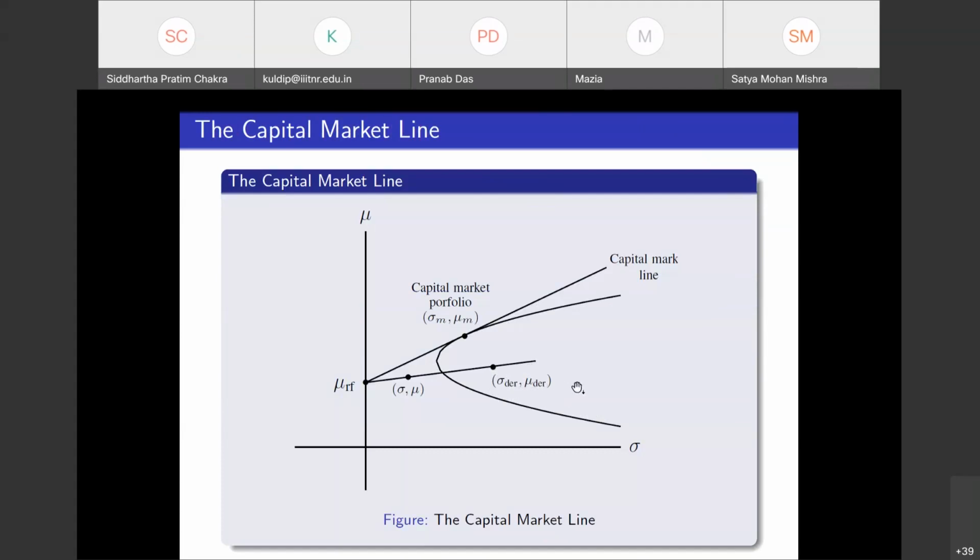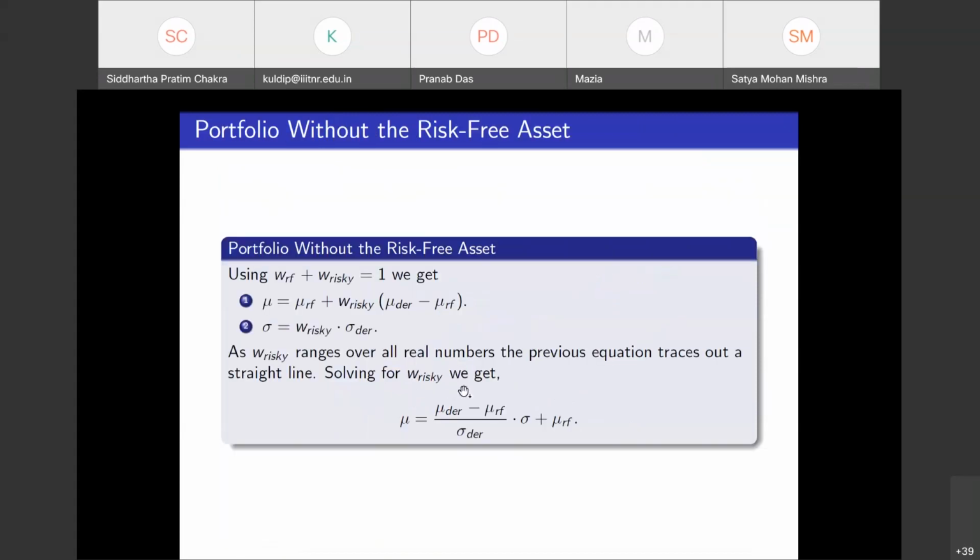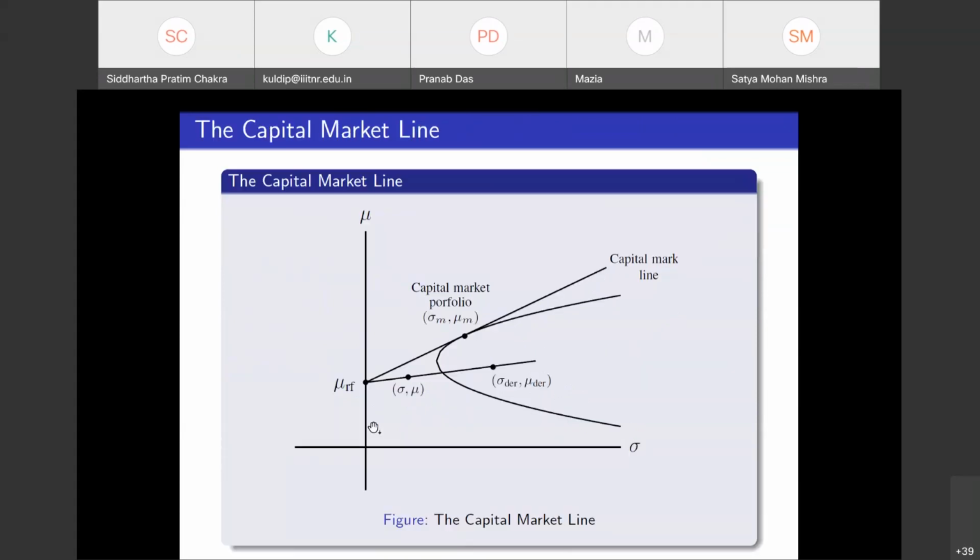But once you involve the risk-free asset, the efficient frontier becomes this line. It no longer remains the curve, but becomes this line, which has the largest slope amongst all the straight lines given by this equation.